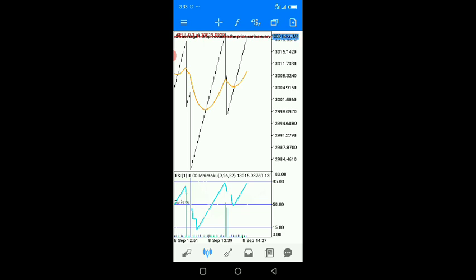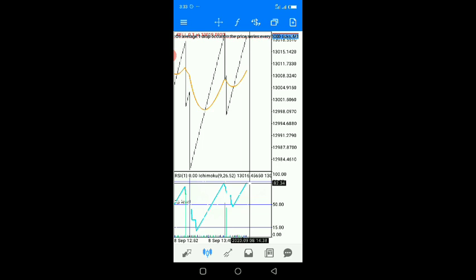We're already in, but our Ichimoku should have touched this 85 RSI level. So we went in too early. We should have waited for Ichimoku to touch this 85 RSI level before we placed our sell entry.